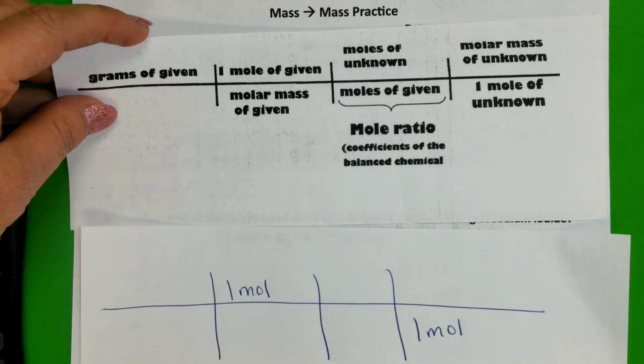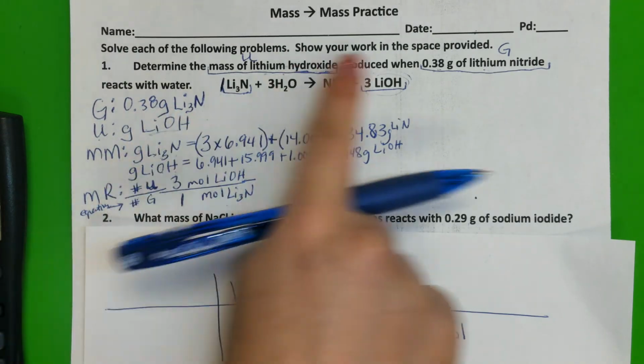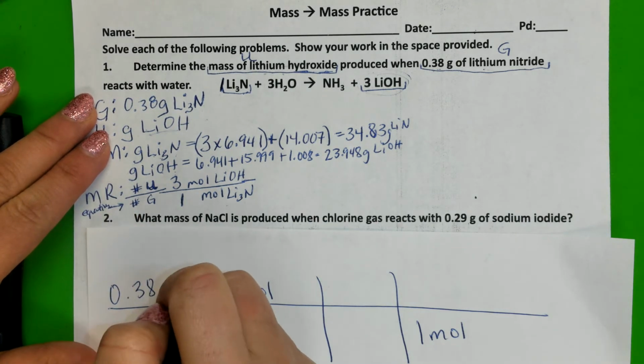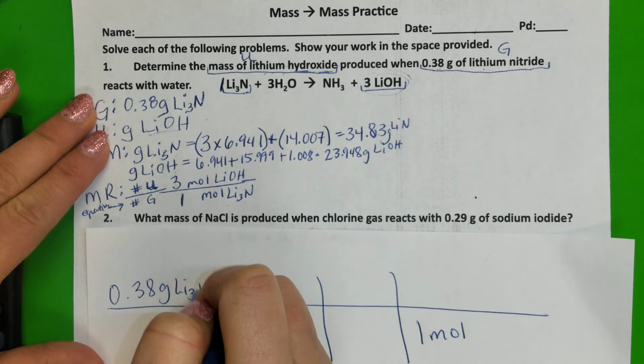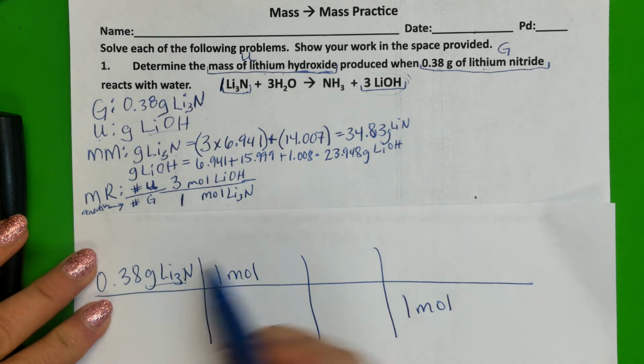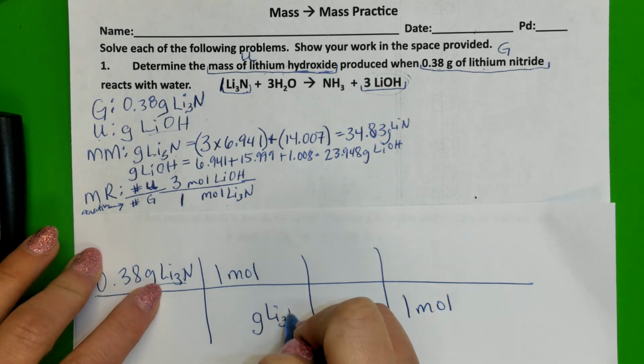So let's start with your grams of given, which is the given number, 0.38 grams of lithium nitride. This is grams of lithium nitride, so this one has to be grams of lithium nitride.